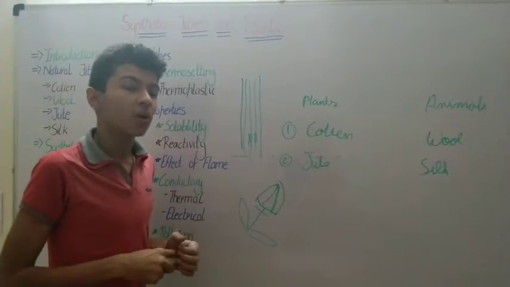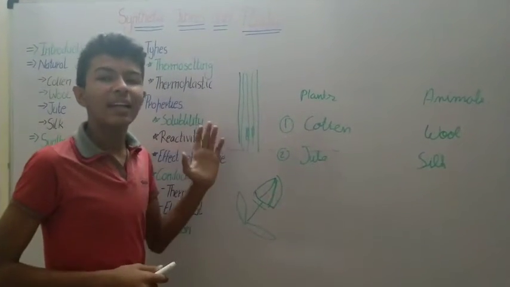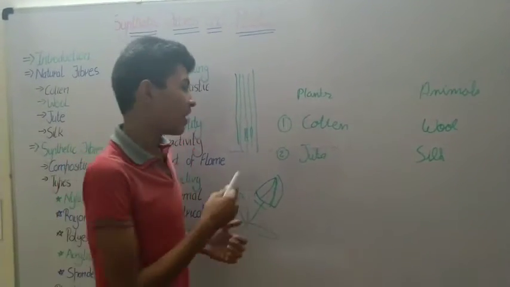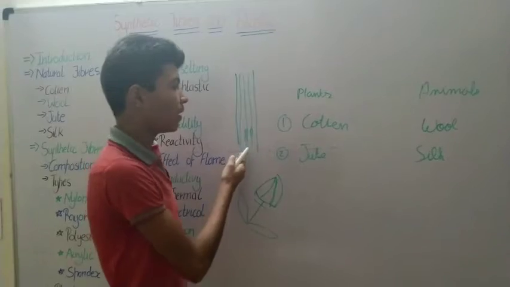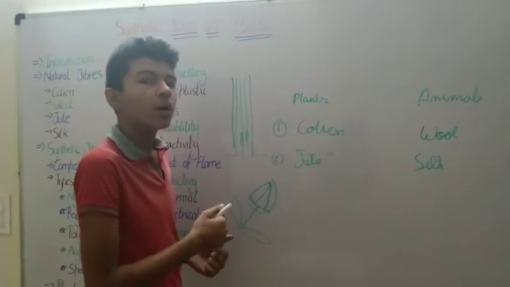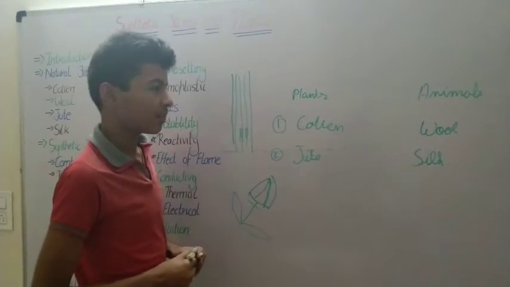Then the same process as cotton follows. These are twisted to form yarns, then dyed to form different types of yarns, and then used to make different types of jute bags, gunny bags, etc.